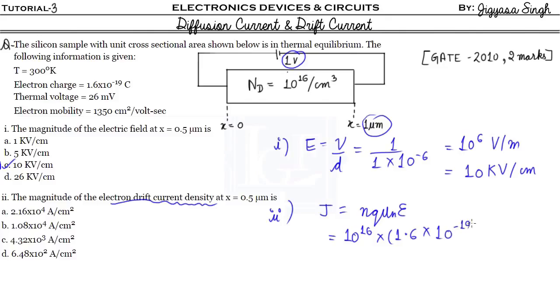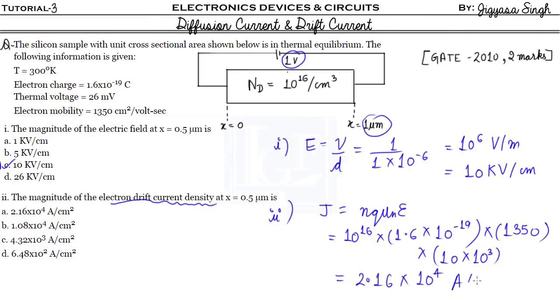You have to be faster than me and you should have ticked the answer right now. Oh no, I'm lagging behind. 1350 and into 10 to the power 3. So the answer will be 2.16 into 10 to the power 4. So do I have this option? Yes, I have this option. So we are done with this question too.